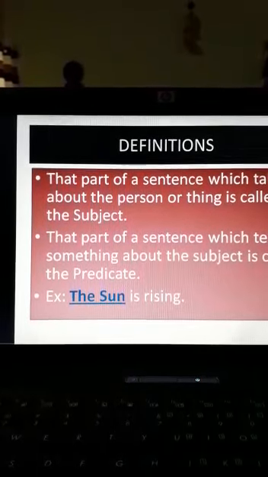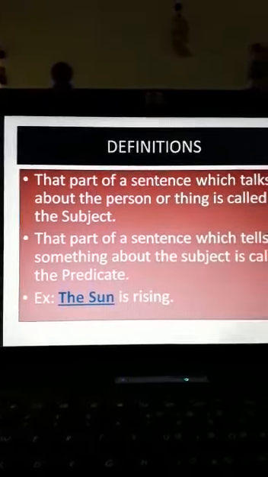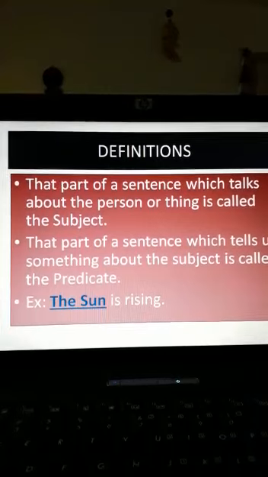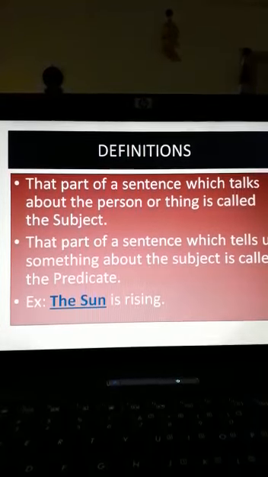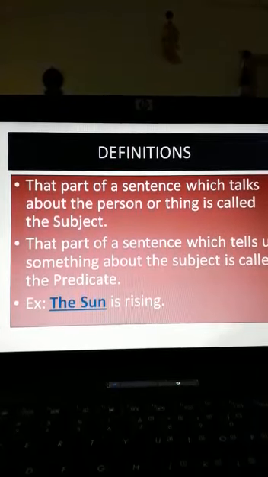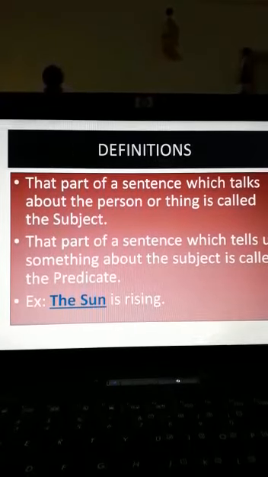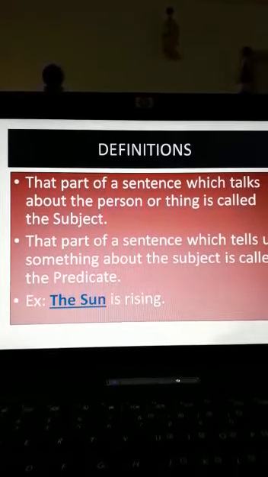Then what is a predicate? Predicate is nothing but that part of the sentence which tells us about what the subject is doing or performing. Like in the example, the sun is rising. "Is rising" is the predicate.